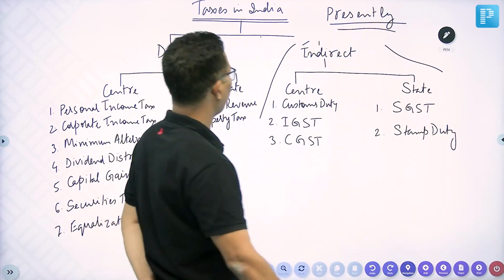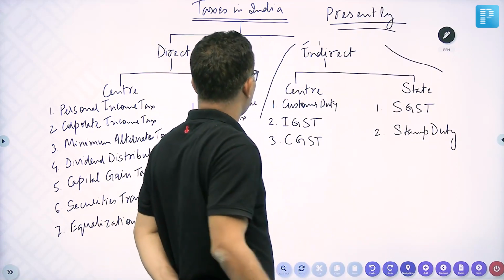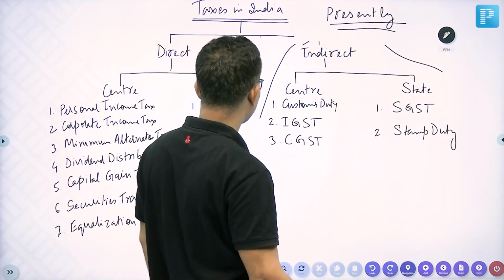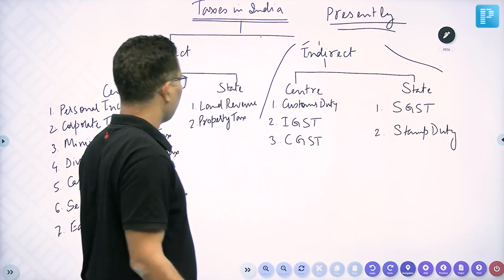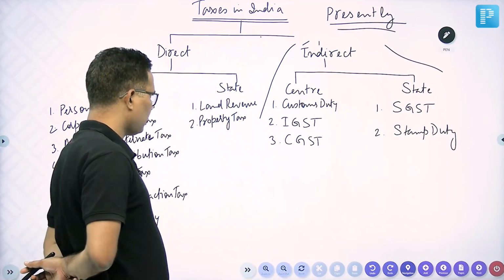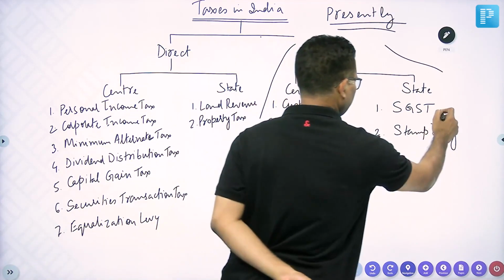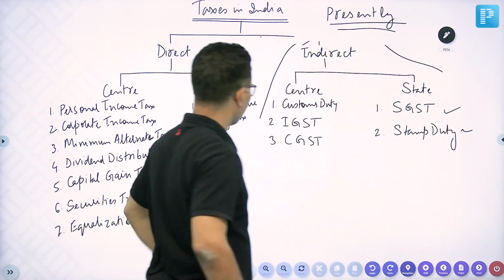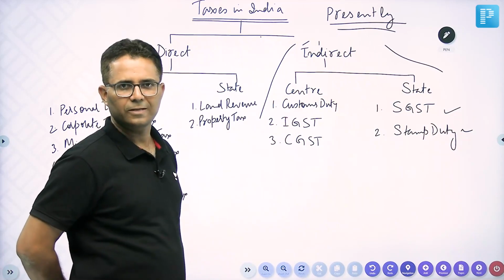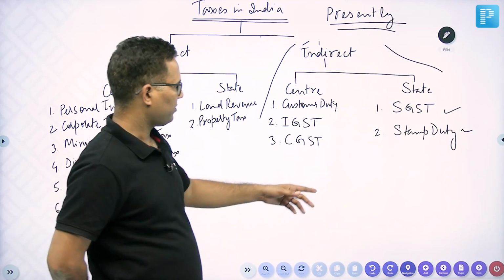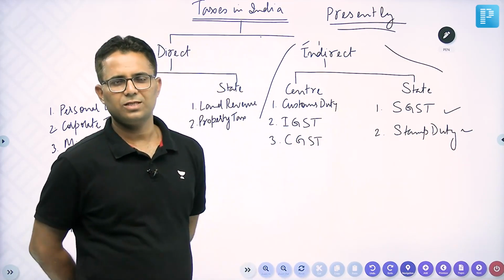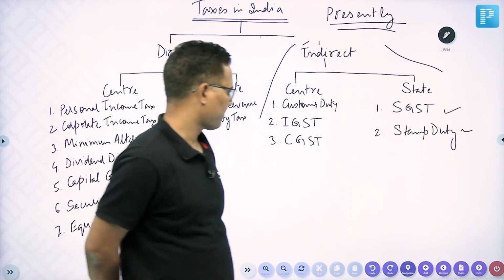Presently, this is the structure. Presently we have indirect taxes. Under indirect taxes, the center still has customs duty, right? And the states have SGST and stamp duty. Here we have customs duty, IGST, CGST. So this is the present structure of today. The cascading effect because of this is still there. It will remain. Let's see till when.